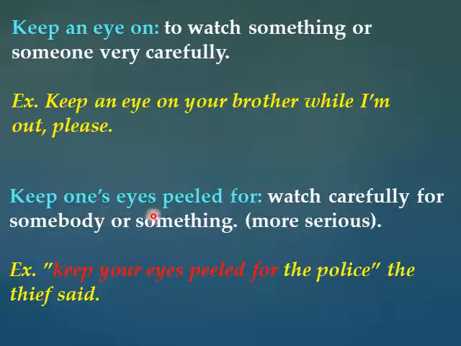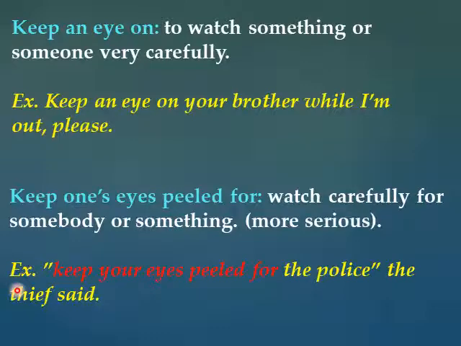When you keep your eyes peeled for something, this means that you're watching something or somebody very carefully, because it is something serious. So the difference is that keep an eye on is just careful, but here it is more serious, because your eyes are actually peeled for something. So there is more seriousness here.